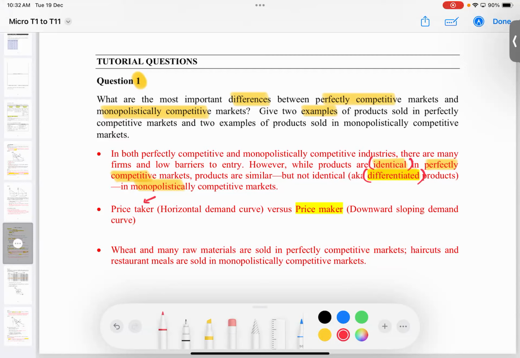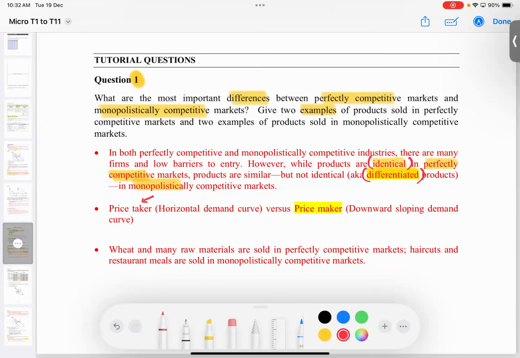They cannot increase the prices, or else people will just go to alternative producers. Therefore, the demand curve is a horizontal demand curve because it's perfectly elastic. Whereas monopolistic firms have control over prices as they're selling differentiated products and services, and therefore the demand curve is a downward sloping curve.